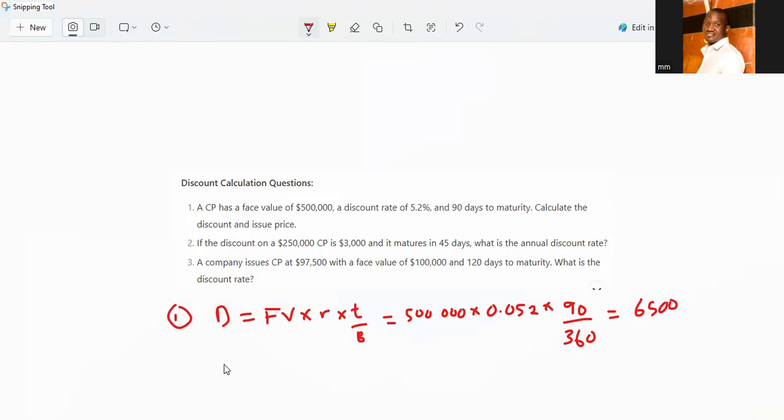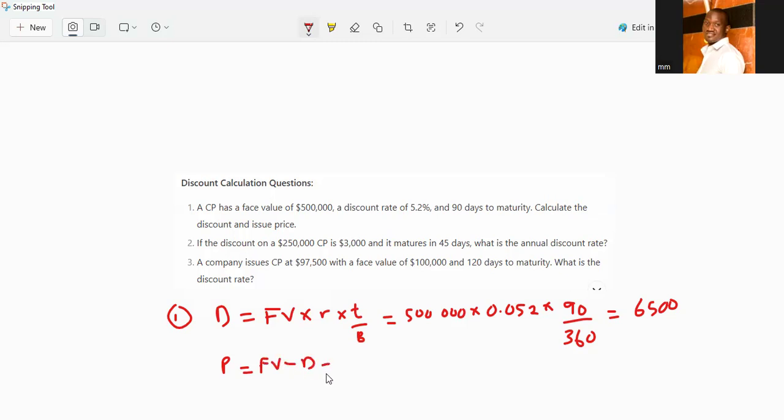Then the issue price of the CP is simply given by the difference between the face value and the discount itself. So issue price is equal to what? Face value minus the discount that we just calculated.